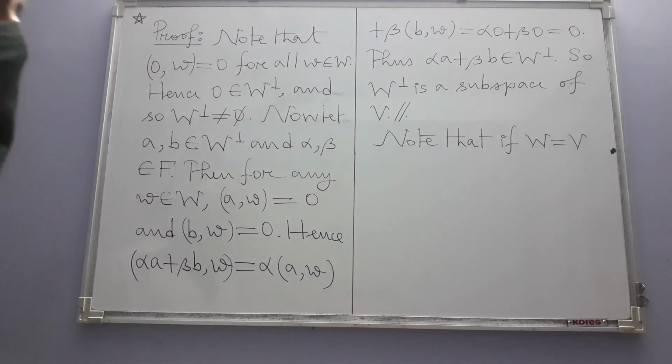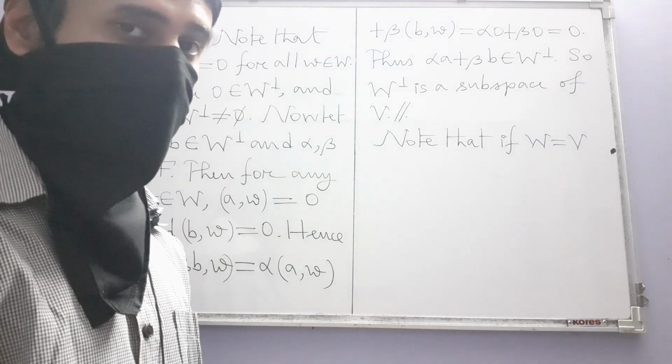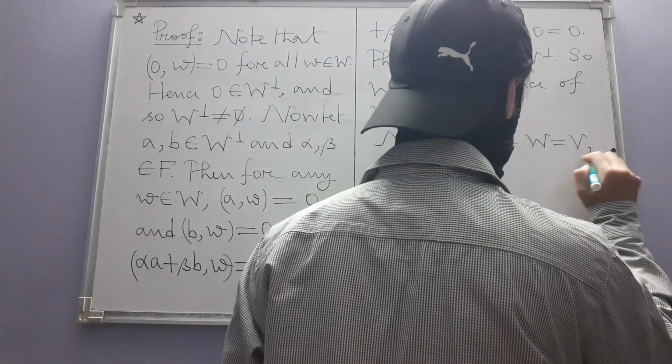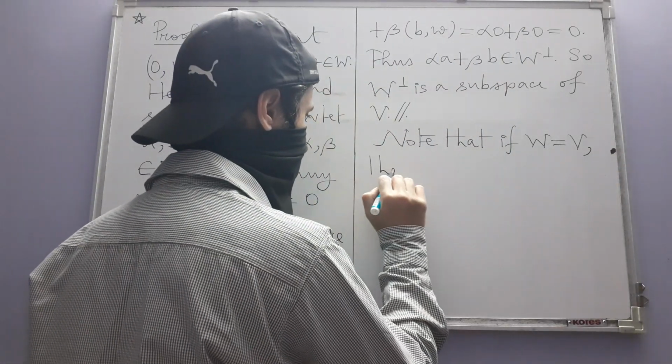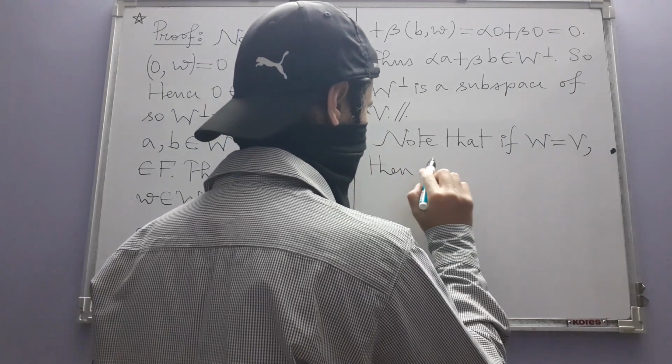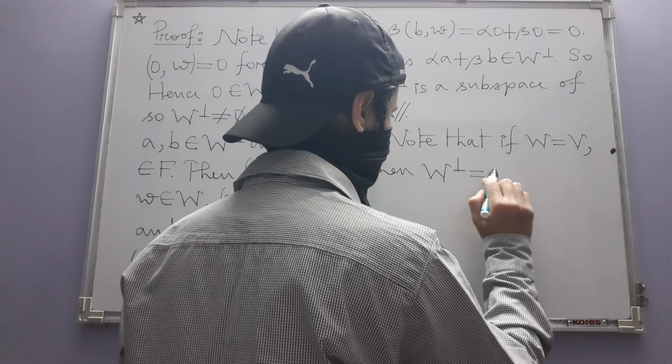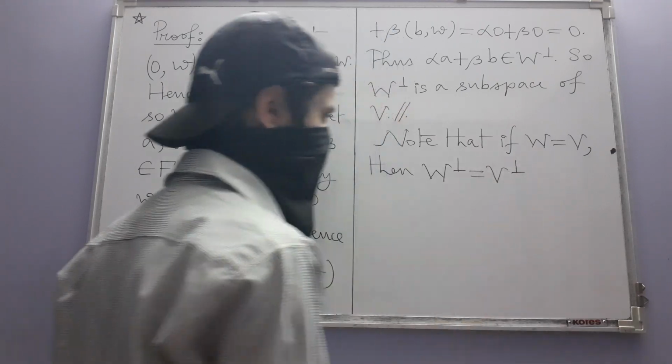Let W be equal to V, the entire space, because that is also a subspace of V. Then W perpendicular equals V perpendicular.